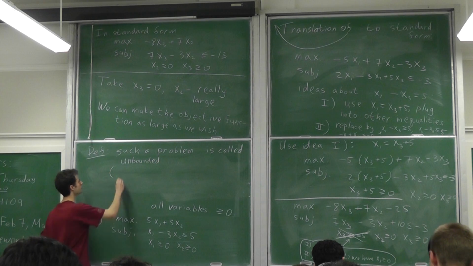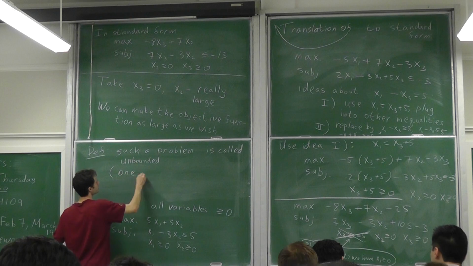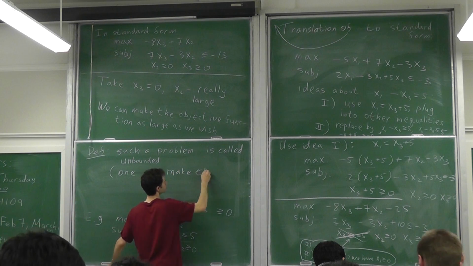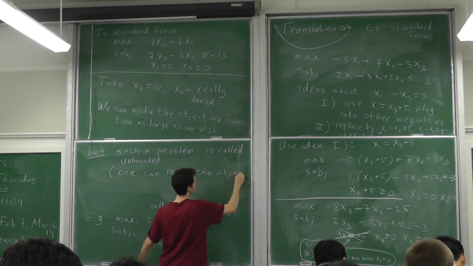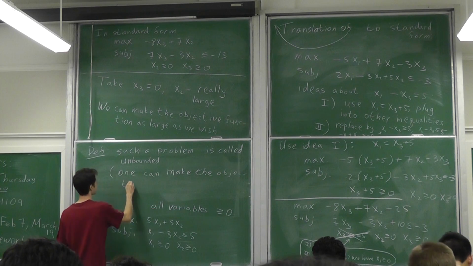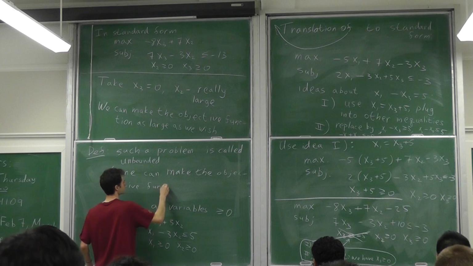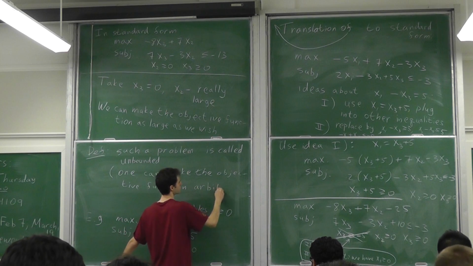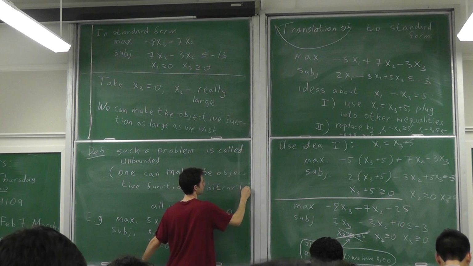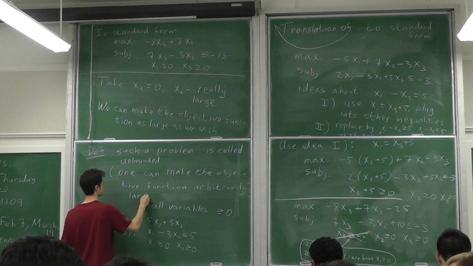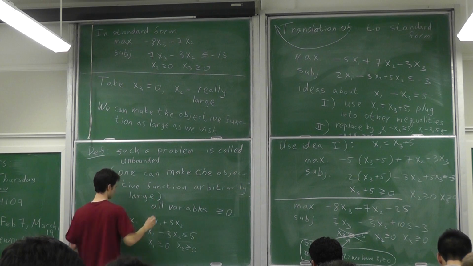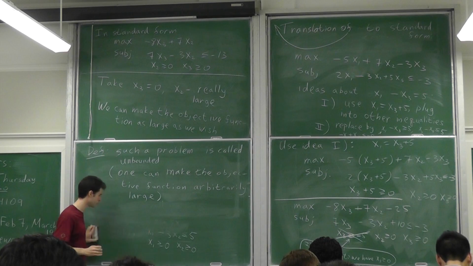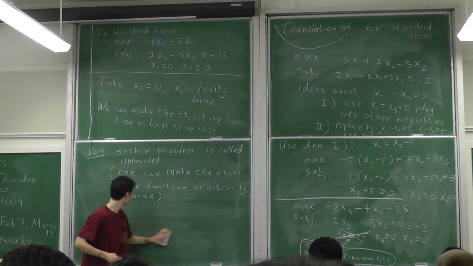By such a problem, I mean one can make the objective function arbitrarily large. But of course, still satisfying the constraints. It's very important to satisfy the constraints.